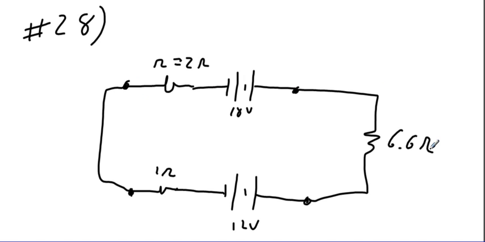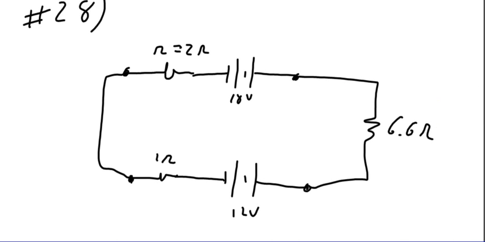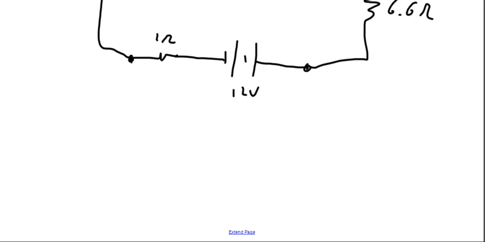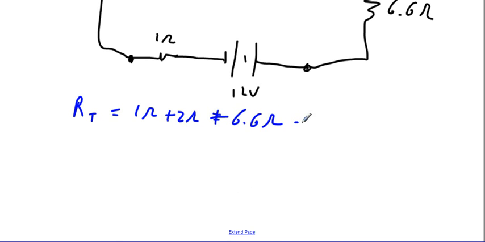And we want to determine the terminal voltage for each battery. Okay, well, I look at that and say, what's my total resistance? Resistance total: 1 ohm plus 2 ohms plus 6.6 ohms. So I have 9.6 ohms total resistance. What's my total current?